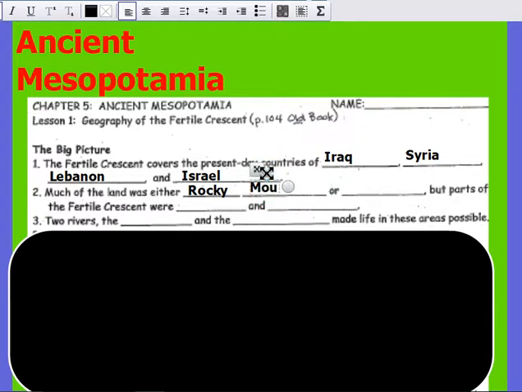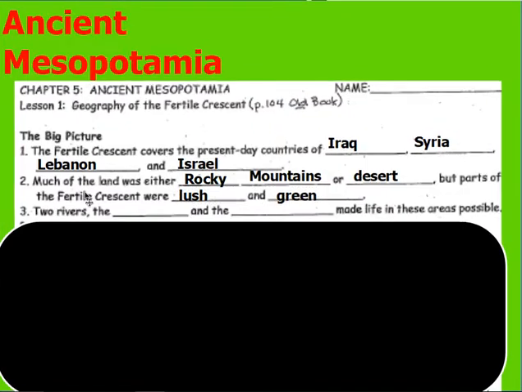Much of the land was either rocky mountains or desert. But parts of the Fertile Crescent were lush and green.